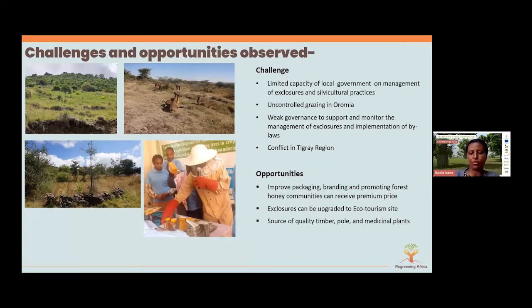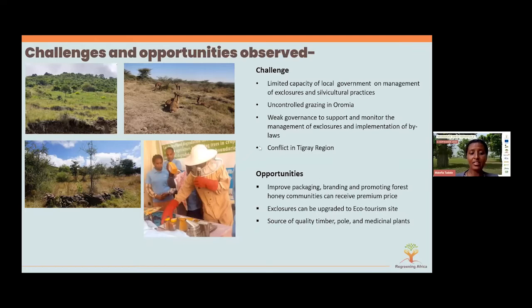Mainly, the communities are now producing honey in these restored area exclosures, and there is high demand in the local market for quality honey. By expanding beekeeping activities and honey production in these area exclosures, and increasing the quality of honey, the packaging and also branding, the communities can receive a premium price by selling organic forest honey in the market.